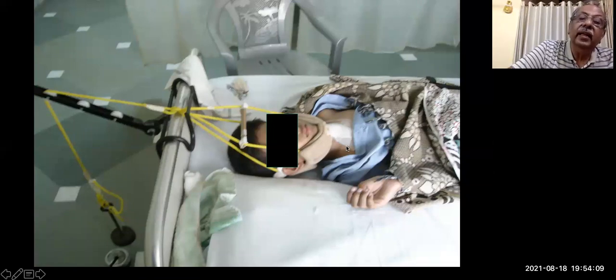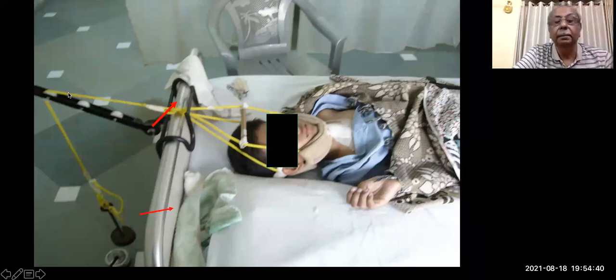Now this is another traction that is usually given for neck pain and for the correction of torticollis. This is called a halter traction. It has got a Buck's extension. They will ask you the name of this apparatus. This is called a Buck's extension, and this is for guiding the traction in line with that of the neck. So the traction will be in line if you use this Buck's extension.